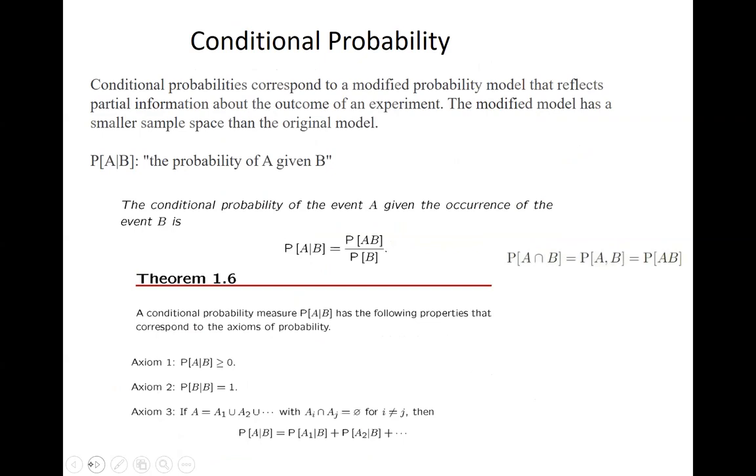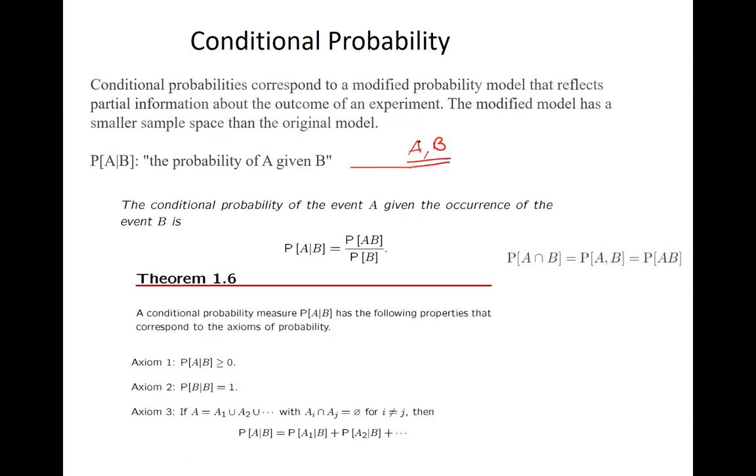Okay, conditional probability is a modified probability model that reflects partial information about the outcome of an experiment. And we usually use two events, A and B, in conditional probability.